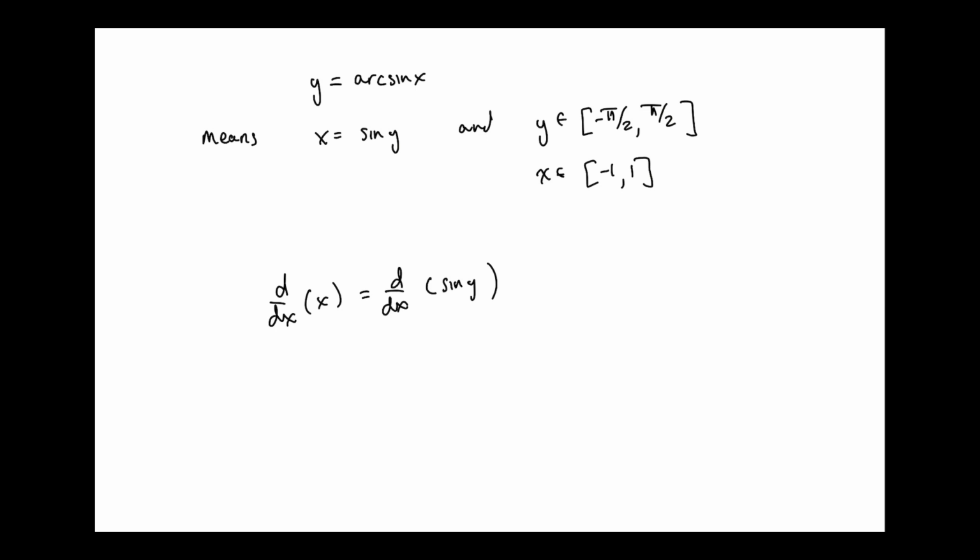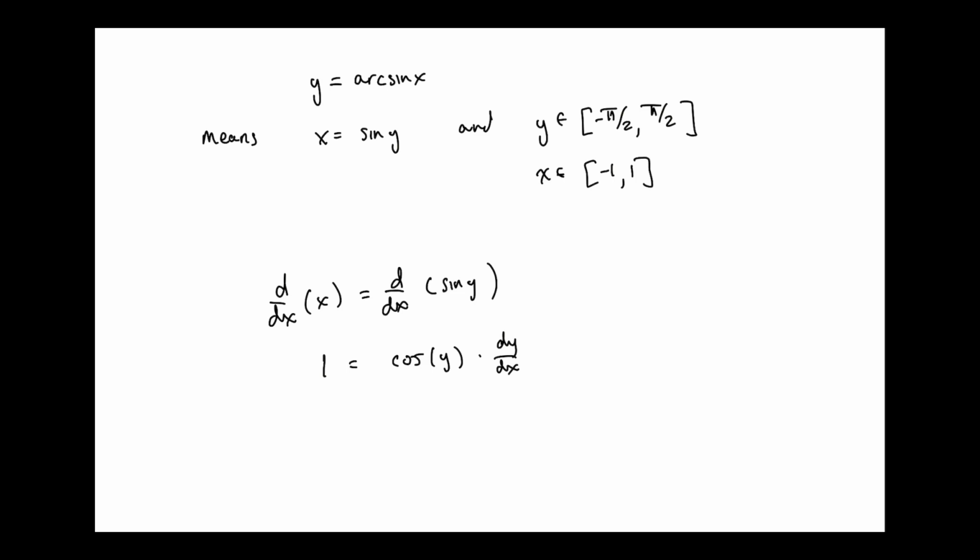So what's the derivative of x? That's easy. What's the derivative of sine of some stuff? Cosine of the stuff times the derivative of the stuff. Okay? So that actually wasn't too bad compared to some of the ones we did last time.